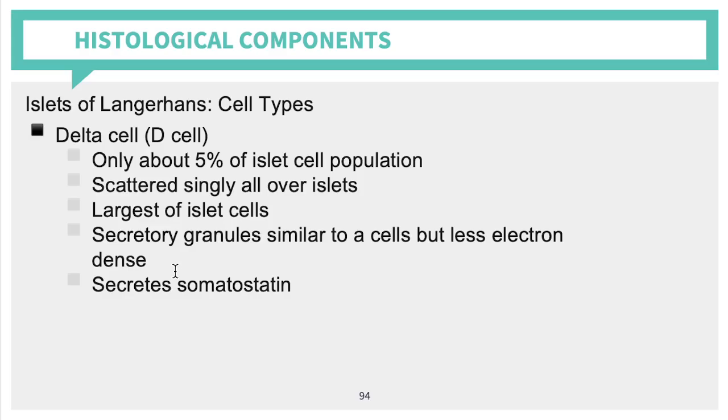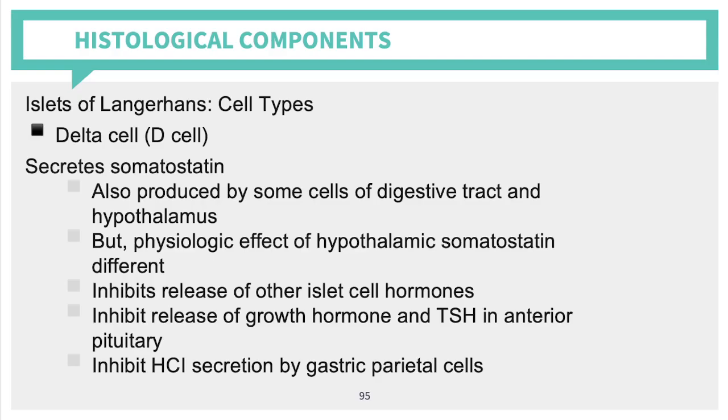Basta, remember, when you hear the word somatostatin, it should ring a bell. Somatostatin, inhibitory. So, remember the last two letters, IN: somatostatin, IN, inhibitory. That is the function of our somatostatin. Nothing else. Inhibitory. For glucagon, for insulin, and other hormones. Again, your delta cell is also produced by some cells of the digestive tract.